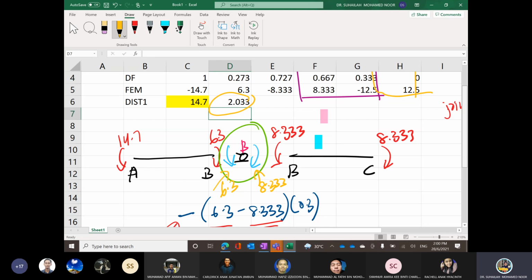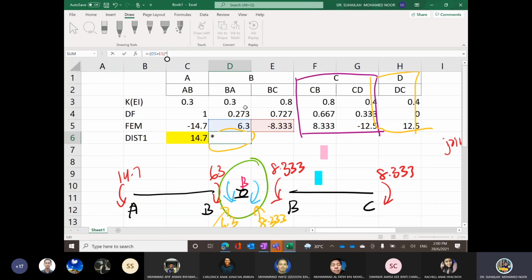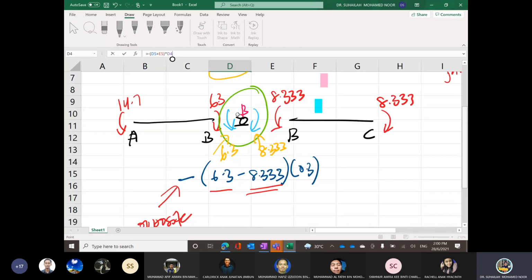That is why we get 2.033, the joint moment. Then only we calculate, we put times with distribution factor. This one is wrong, this is 0.273 distribution factor.